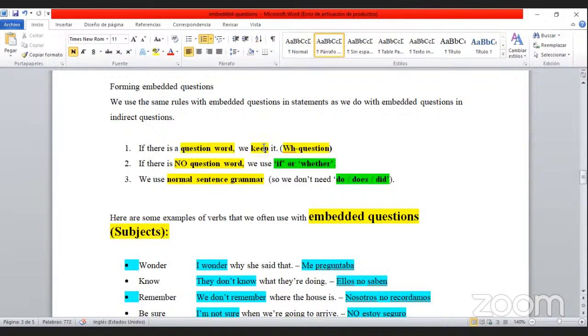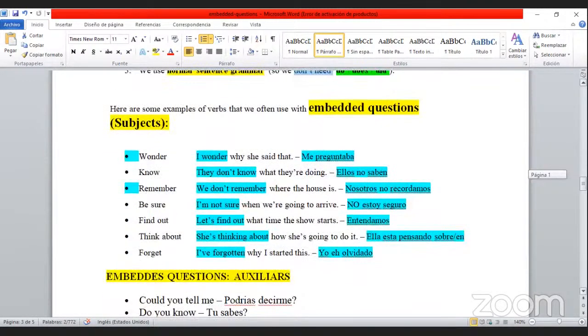We have to respect it, okay? Number two, if the question doesn't have a question word, we have to put if or whether, always one of them. And number three, if we have sentences with auxiliaries do, does, and did, we don't need to put these auxiliaries in the embedded question. Okay?